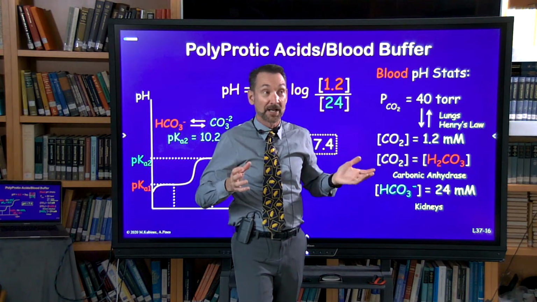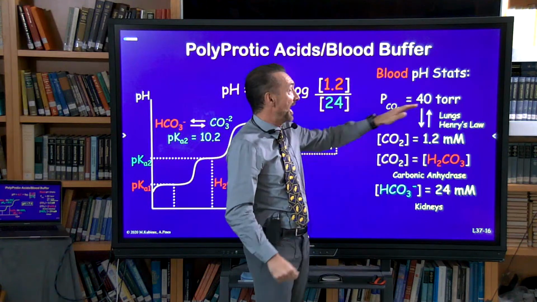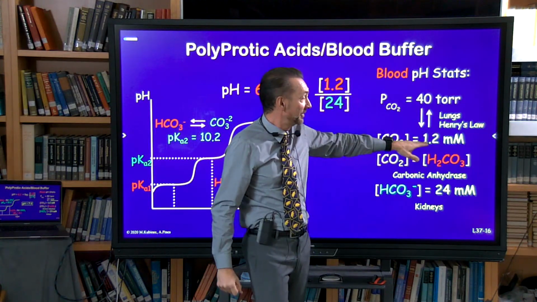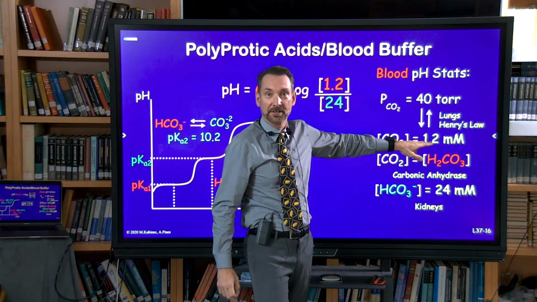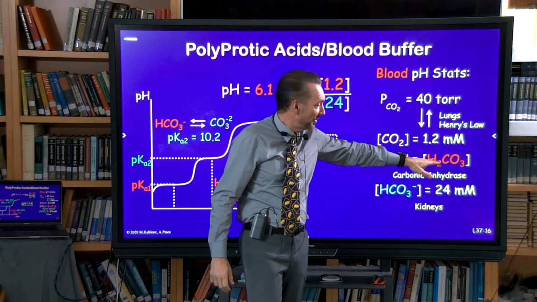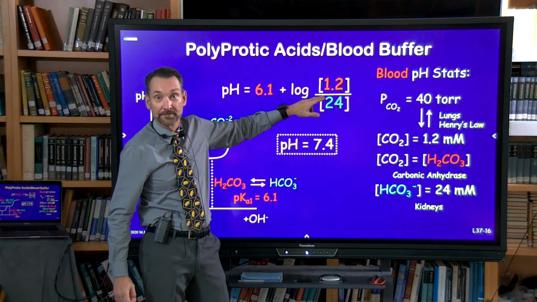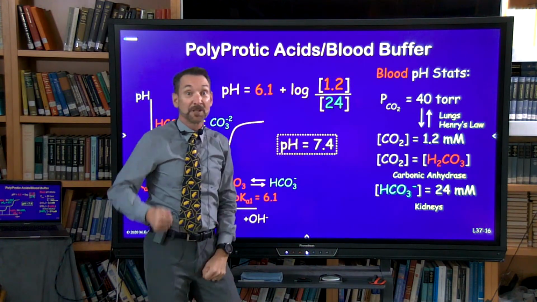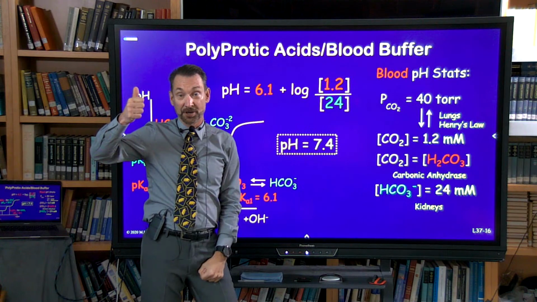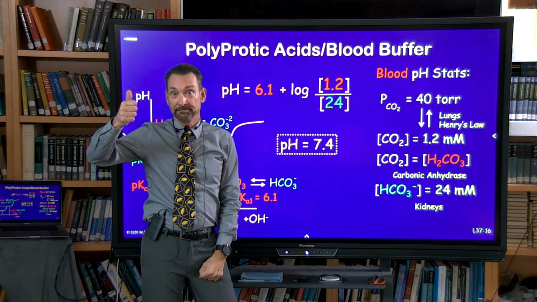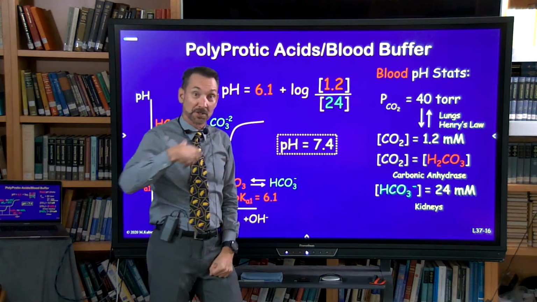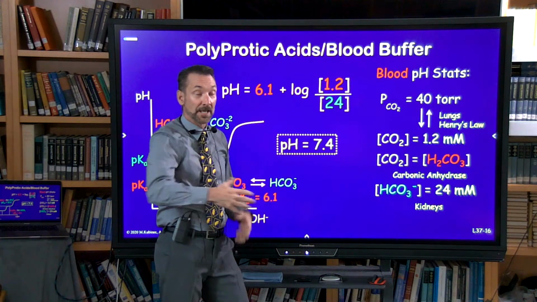So if you're hyperventilating, that is bad. This partial pressure decreases, so that decreases the acid form, and the pH of your blood will increase. So it's a dangerous situation. You don't want to do that rapid breathing for too long.